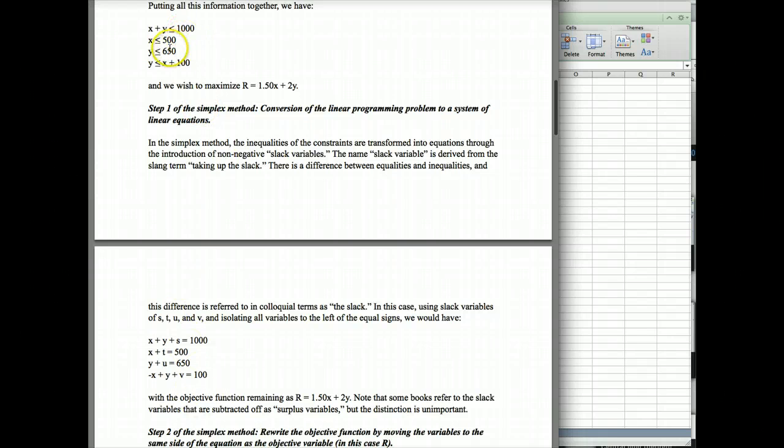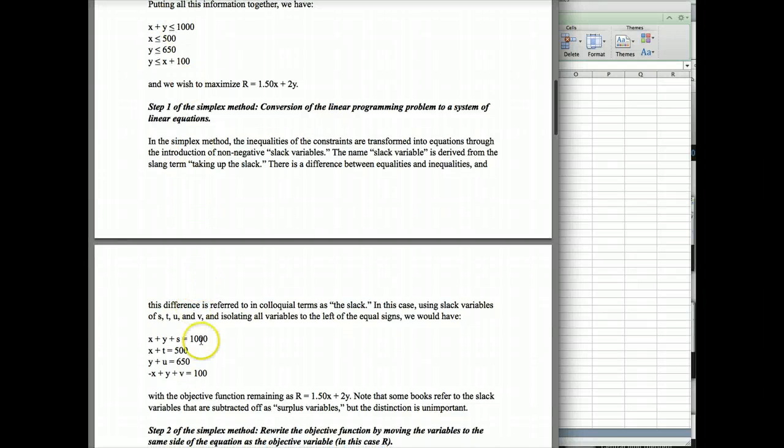So it takes up the slack. If the x and the y added together is 900 gallons, well, that's still less than 1,000, but in order to have this be equal to 1,000, we need something to take up the slack of that other missing 100 gallons. So it's going to take up whatever slack, and the slack variable can be equal to 0.